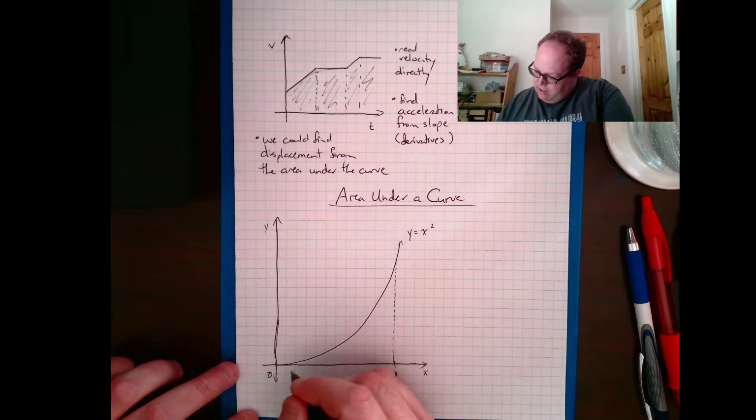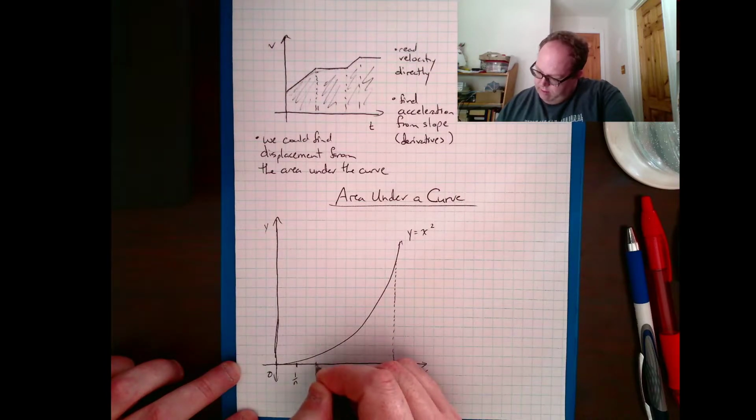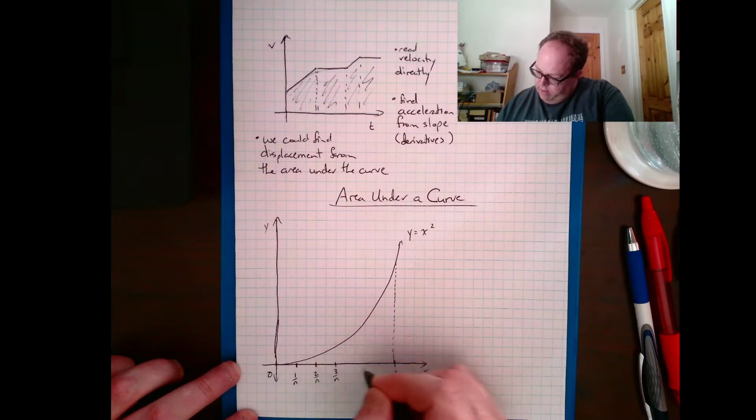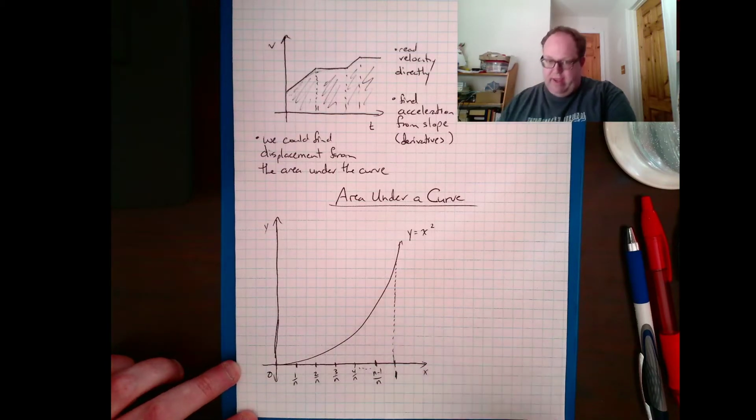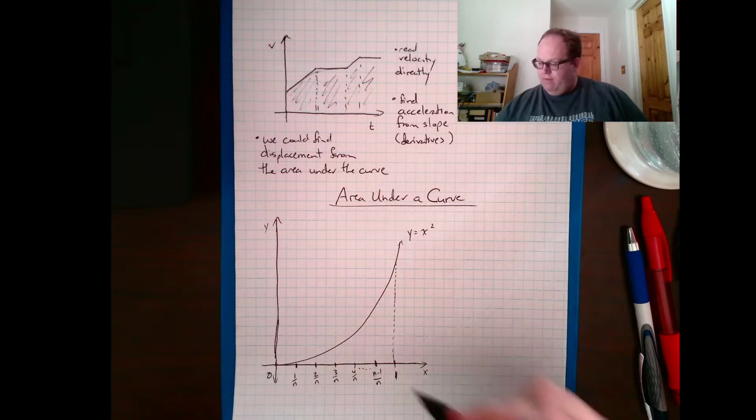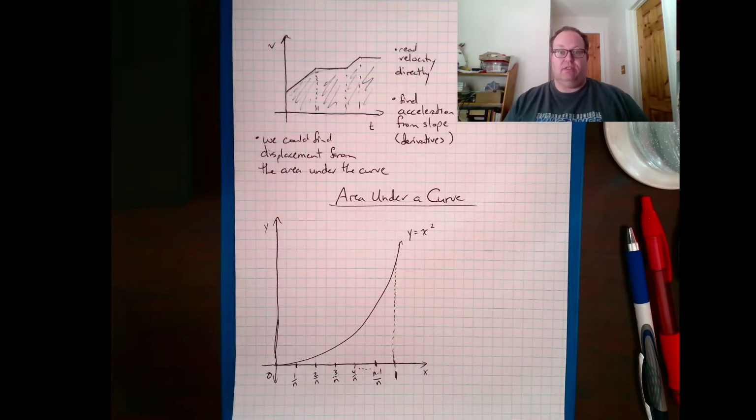I'm a little congested in here, but bear with me. 1/n, 2/n, 3/n, 4/n, and on up to n minus 1 over n. I've left a little bit of gap there because n is indeterminate. I don't know how big n is. I just know I'm cutting up my shape into that many rectangles.